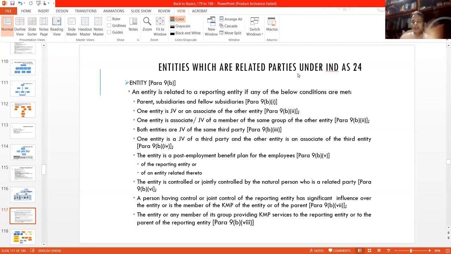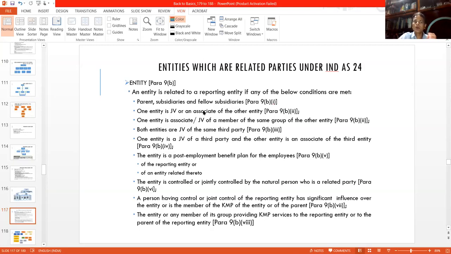So for example, in lots of foreign-owned companies, I might have a company in India, and the company might be controlled through several layers by, let's say, a company sitting in the US, or a company sitting somewhere in Europe. So each of the layers will still be related parties if the layers in question have control at each stage. Or if the parent is sitting at some layers above, then the parent, irrespective of how many layers above, would still be a related party.